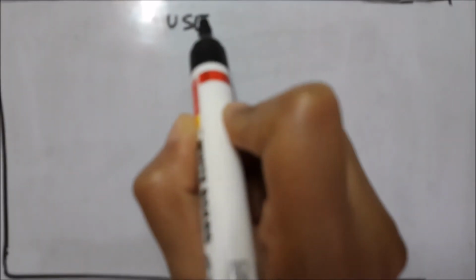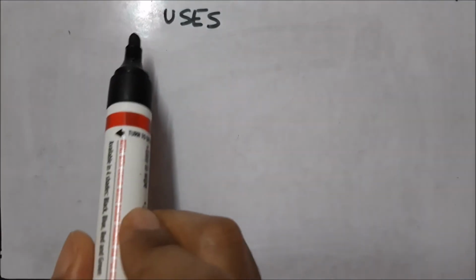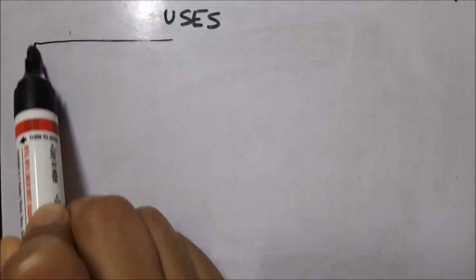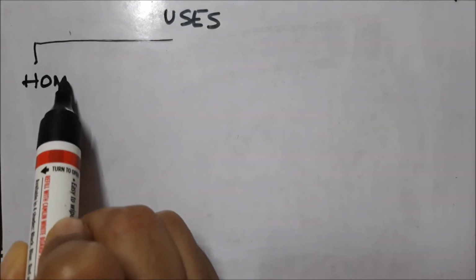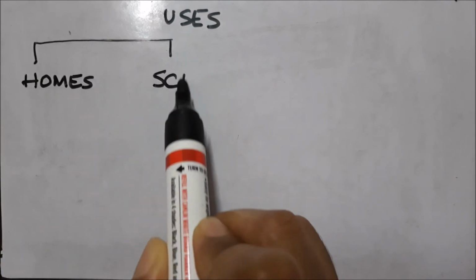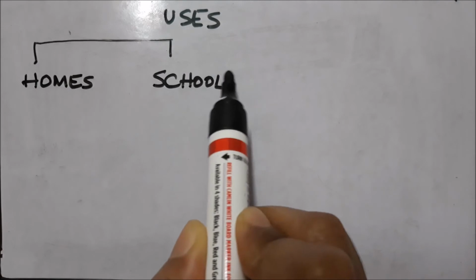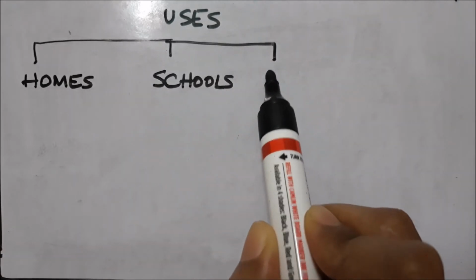So as a recap, let's see where computers are used. You can say it before I write it. Computers are used in homes. Computers are used in schools. Computers are used in hotels.